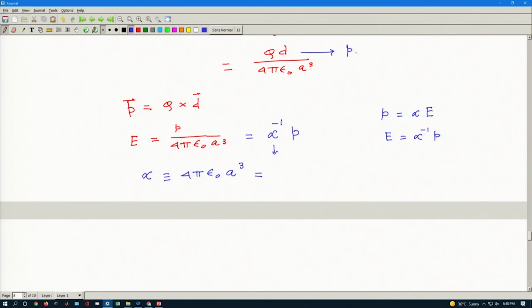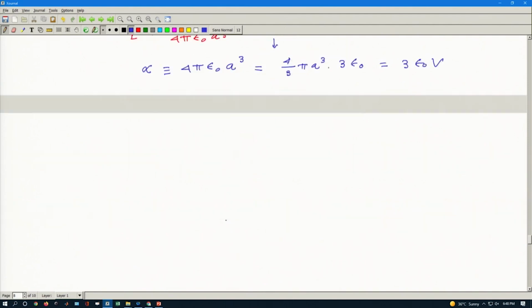I can write it in a different way also. I put 4 by 3 pi a cube and then 3 epsilon 0, so that gives me the volume. It is simply 3 epsilon 0 and the volume of the atom.